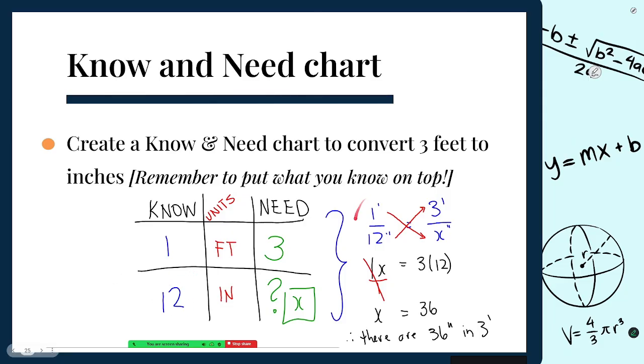So we just wrote it over here, 1 over 12. Then over here, if you look at our tic-tac-toe board, we're actually showing 3 over x, and so we just wrote 3 over x. So you can copy the whole tic-tac-toe board chart, or you can just set up your ratio 1 over 12, 3 over x. And then you cross multiply.